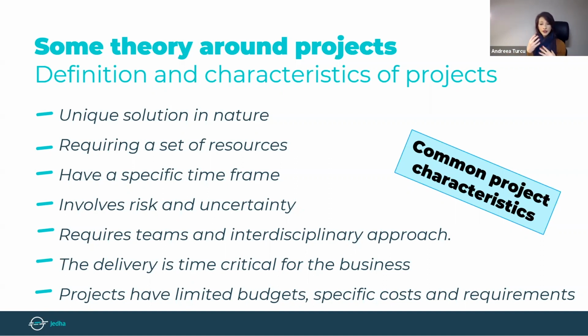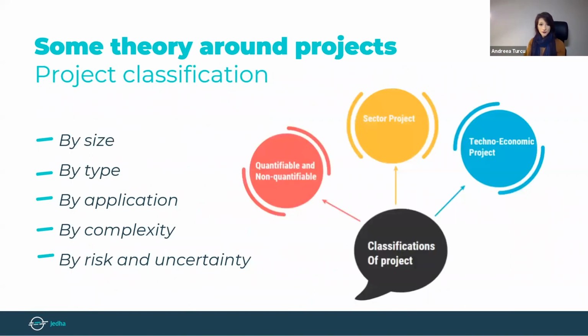Projects also have limited budgets, specific costs, and performance requirements. So, a project is successful when it meets, of course, its expectations. Depending on the type of the project and its specific context, there are many ways to classify a project, such as by size, cost, duration, team, business value, number of departments affected.